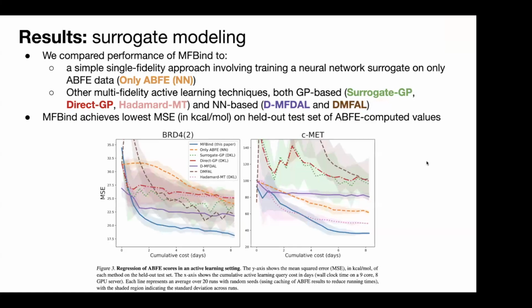And all of these are on the same receptor, right? Wouldn't it be faster to do relative binding free energy calculation? So the reason we don't do relative binding free energy is that we're testing this for de novo discovery.